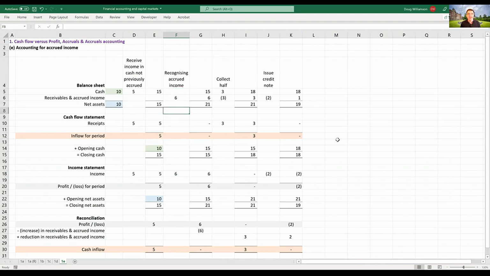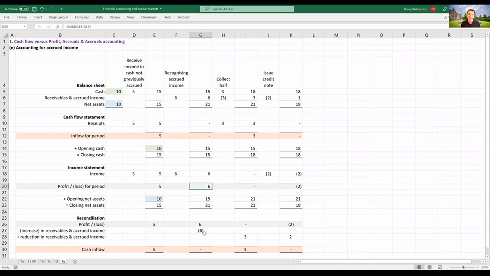The difference is we're going to send a bill for it rather than having already done so. So we are expecting to bill the customer, to invoice the customer. We haven't yet, but because we're going to, we can put an item onto the balance sheet. So our assets on the balance sheet have gone up, reflecting expected future receipts, but there's no receipts yet, so 0 in receipts, but 6 in income.